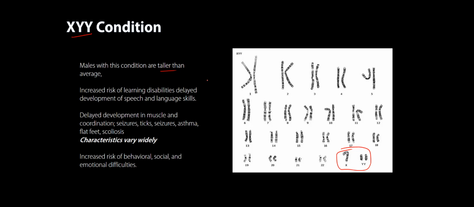They have delayed development in muscle coordination, like a child sitting, standing, and walking, and later in life they might be plagued with seizures, certain tics, asthma, flat feet, and a curved spine, scoliosis. But the key here is that it's a very varied condition. There's also increased risk of behavioral, social, and emotional difficulties.